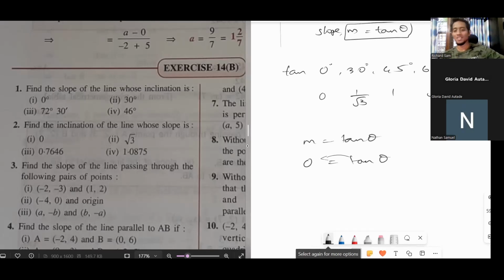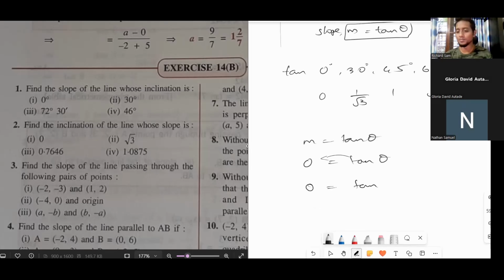Okay, they have given the slope 0, so you write like this: 0 is equal to tan 0 degree. Therefore, theta is equal to 0 degree.